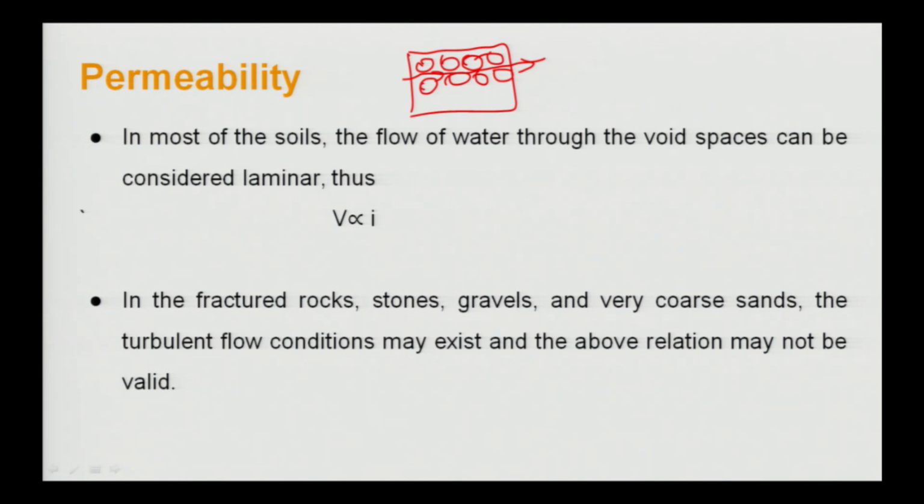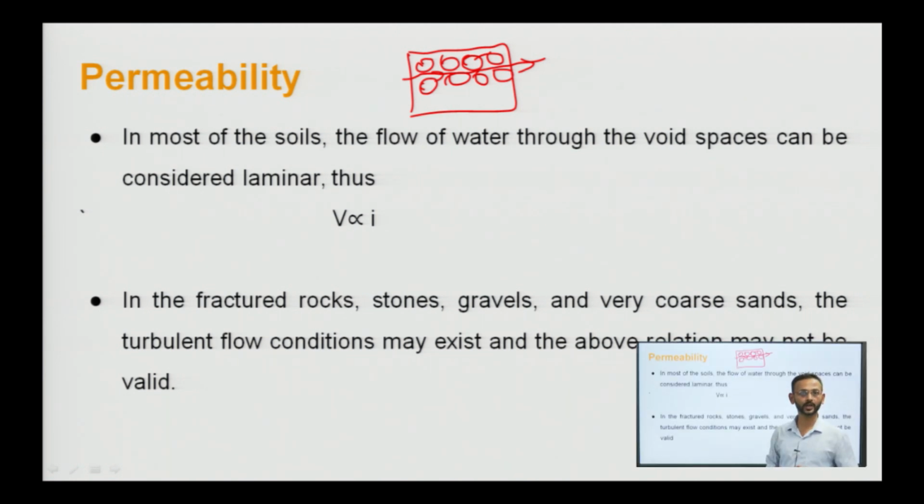So, in most soils V will be directly proportional to I, that is the hydraulic gradient, but in fractured rocks, stones or gravels and very coarse sands, turbulent flow conditions may exist and the above relation may not be valid. That is, this relation V directly proportional to I is only and only for laminar flow conditions.